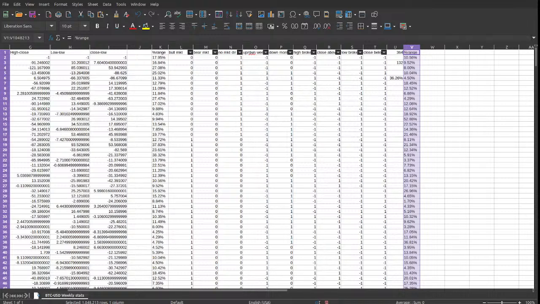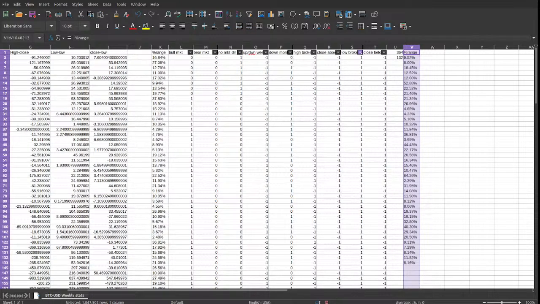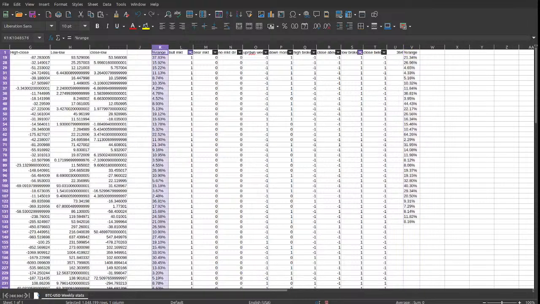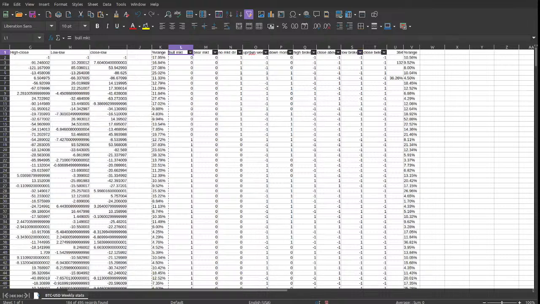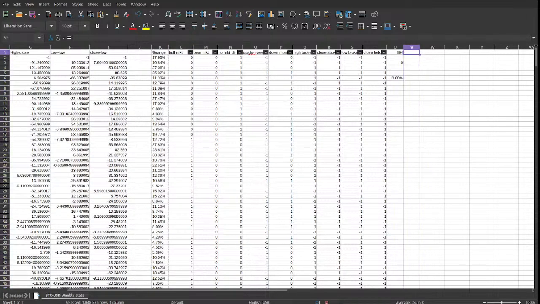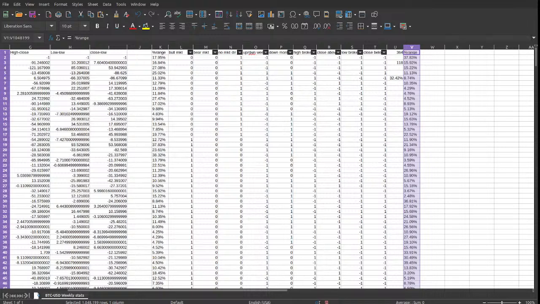I'll write that here. And how often does it take a low during a bull market? And that's more my speed. That's more something I can understand.